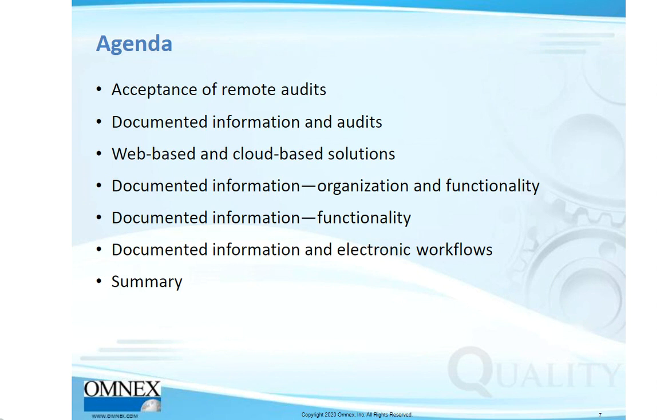Then we'll move on to documented information. How do you organize documentation and what kind of functionality do you need? And then we'll finish up with a subject called electronic workflows. I'm part of the committee and the US expert on ISO 10013 on documented information.